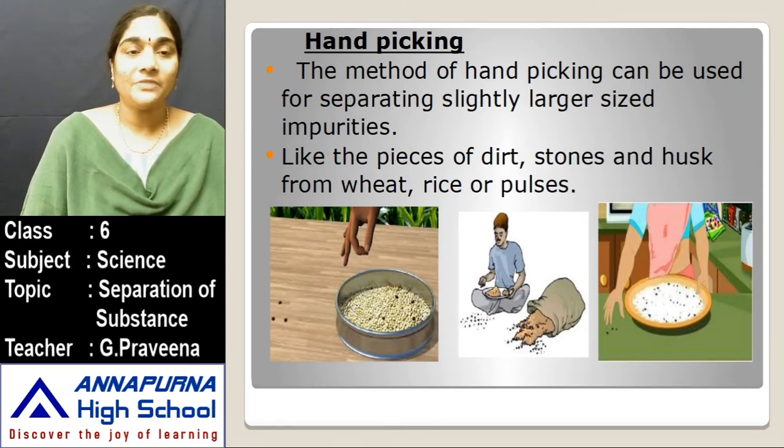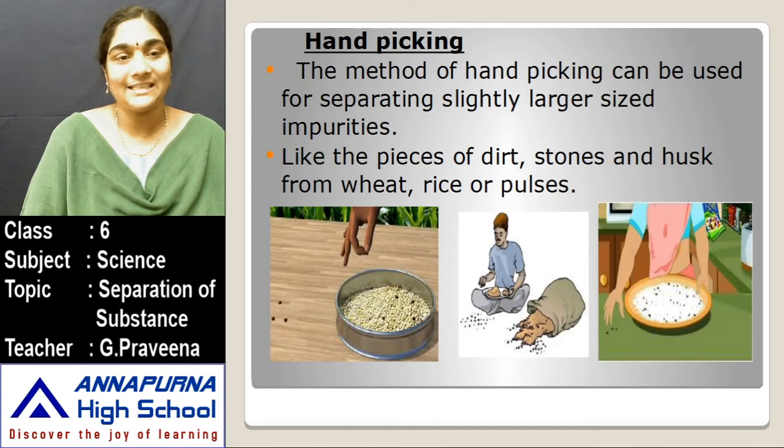The method of hand picking can be used for separating slightly large sized impurities like pieces of dirt, stones and husk from wheat, rice or pulses. Here in the picture you are seeing that impurities such as stones are being separated out from the pulses or rice grains.